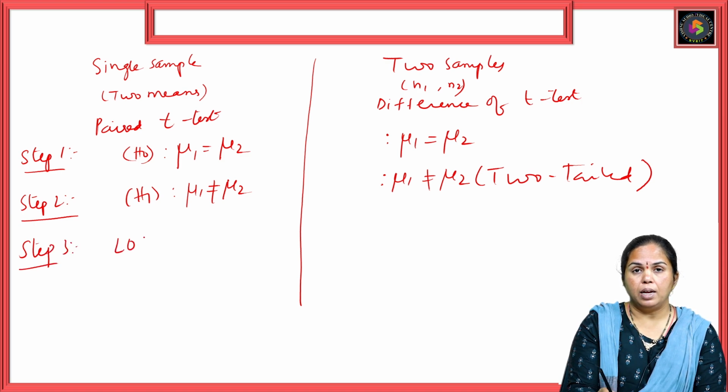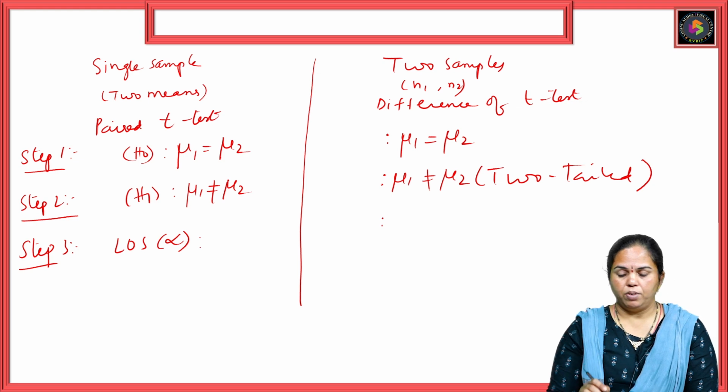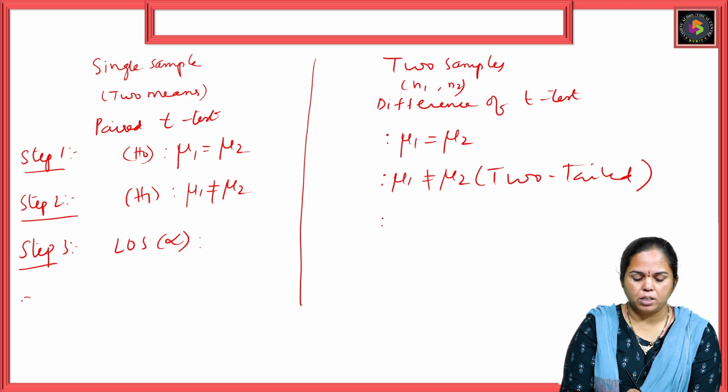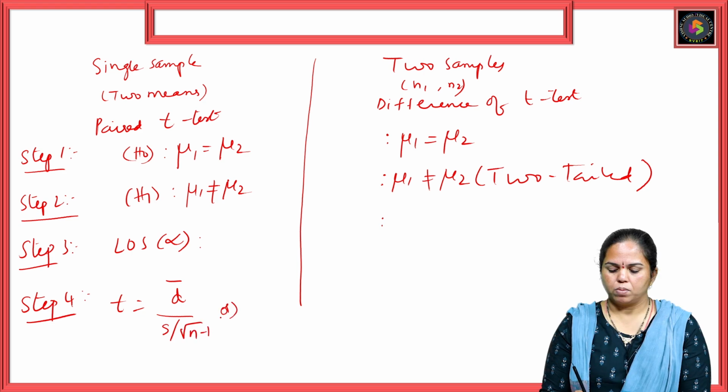Step 3, level of significance alpha. If not mentioned, consider it as 5%. And step 4, t equal to d bar by s by root n minus 1 or root n.